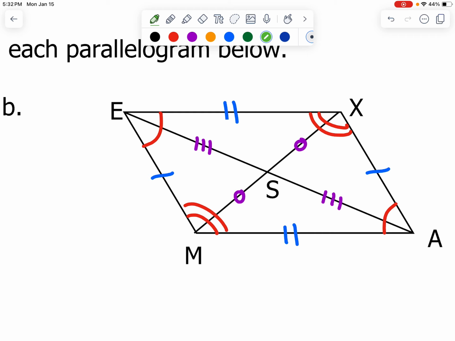So star and star, heart and heart, a dot and a dot, and then double dot, slashy, slashy. So that's a lot of segments and a lot of angles that are congruent to each other.